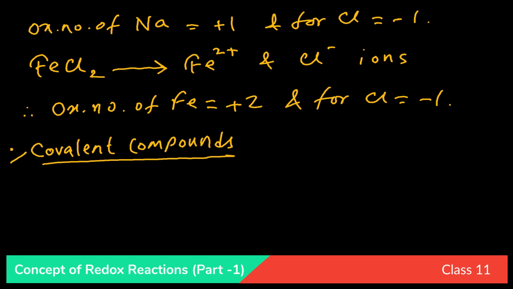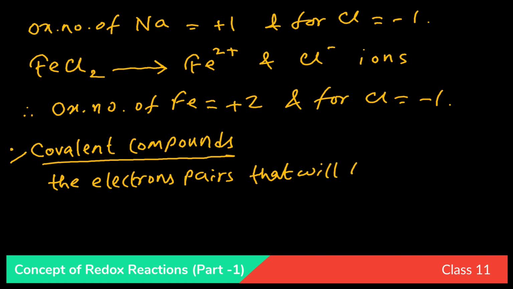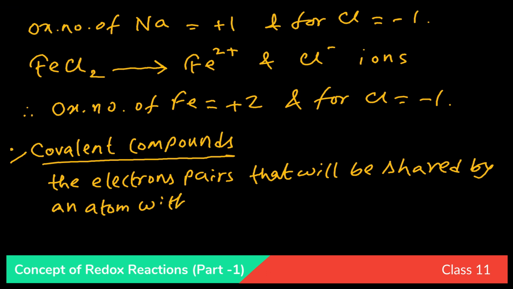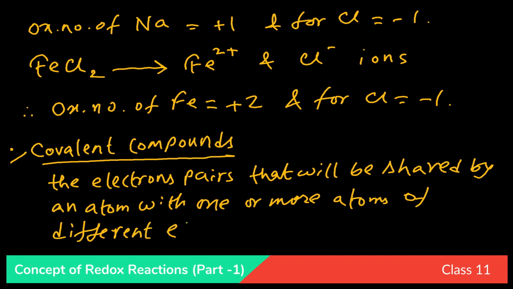That means here it will be equal to the electron pairs that will be shared by an atom with one or more atoms of different electronegativities. This parameter is very important, of different electronegativities.